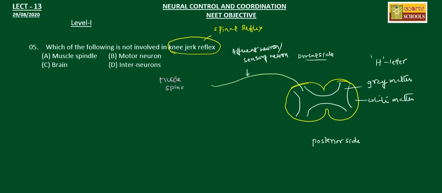Then coming out from the posterior side we have the efferent neuron. The efferent neuron is also called a motor neuron, and these two are connected by an interneuron.